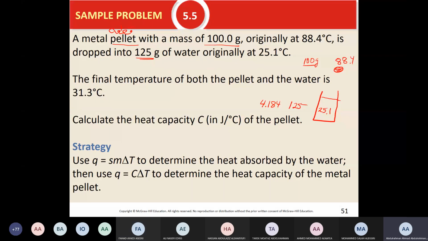Now let me ask you a question. If the billet was 88.4 degrees C and the water was 25.1, when you drop the billet here, what will happen to the temperature of the water?